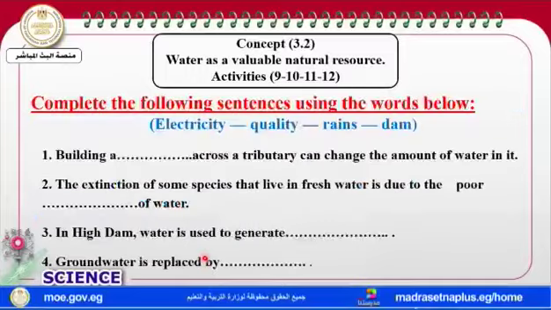Let's move to another exercise. Complete the following sentence using the words below. We have electricity, quality, rains, dam. Let's start, my dear students.